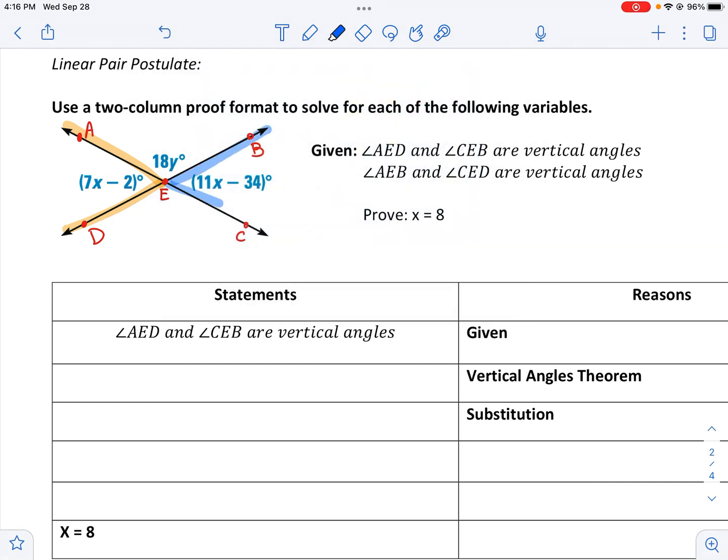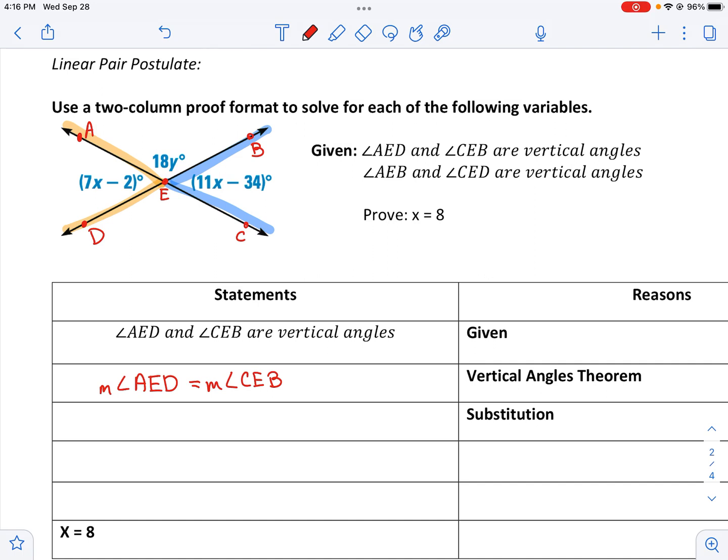So I could say that the measure of angle AED would be equal to the measure of angle CEB.